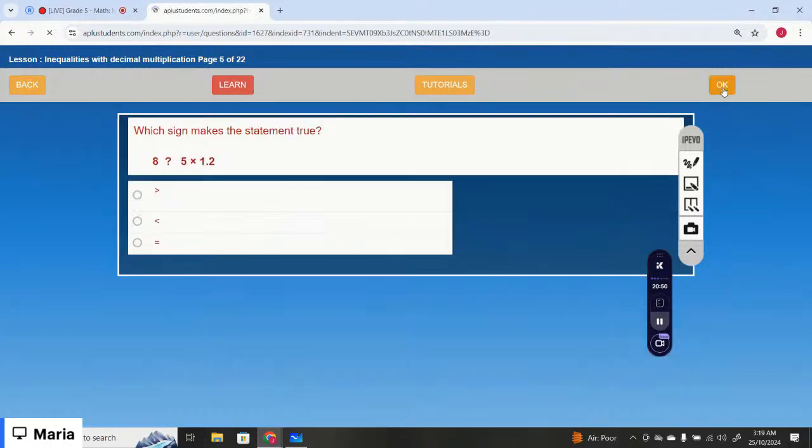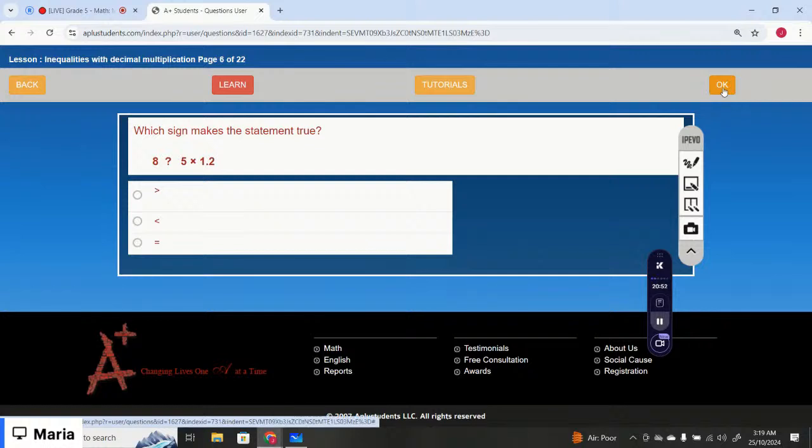The next one is which sign makes the statement true: 8. You have to compare it to 1.5 times 2. So, which is the correct option?